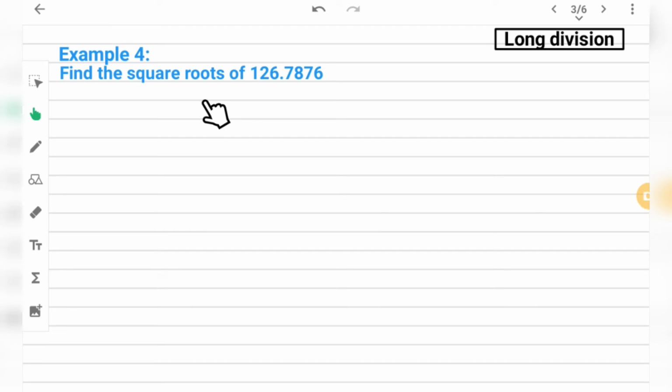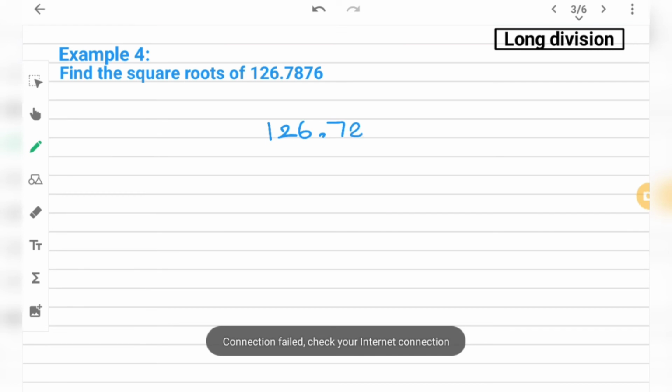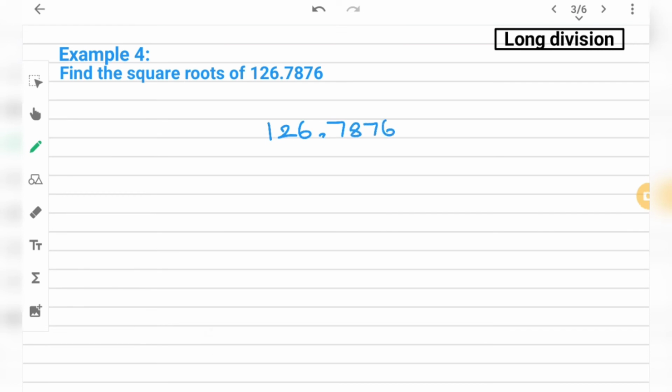Okay, now we are going to find the square root of this decimal number by the long division method. Here, 126.7876. Yes. Now we are going to make a pair. If you are having a decimal, move from this place, right? That is 78 is one pair and 76 is another pair.